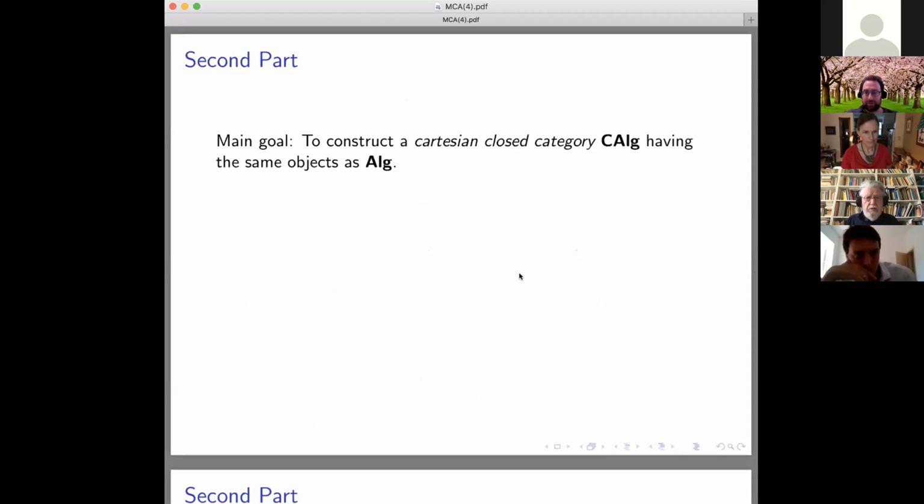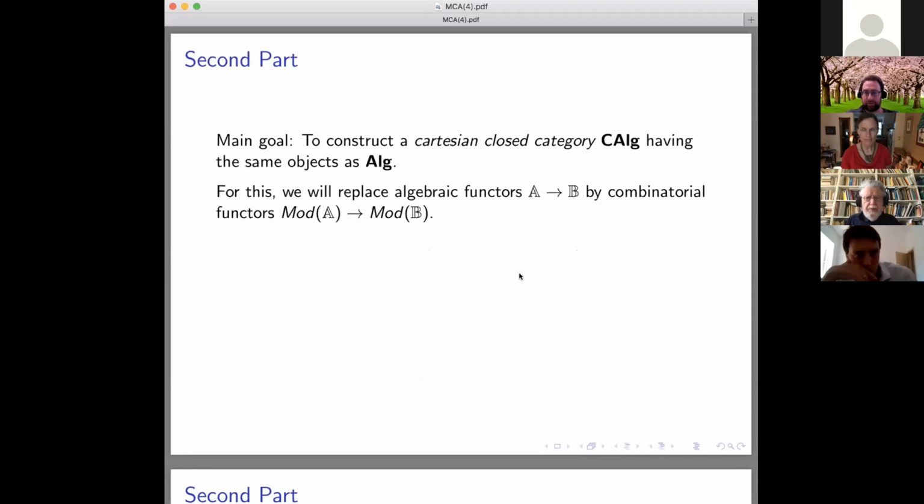So the main goal is to construct a Cartesian closed category C having the same objects, but where instead of having algebraic functors from A to B, we will use what we call a combinatorial functor from Mod A to Mod B.